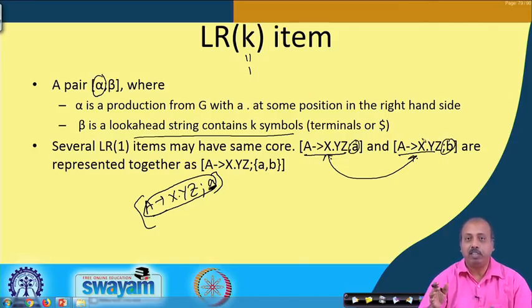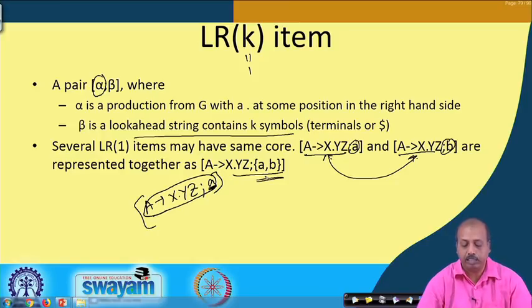Now, if I have a situation where this occurs, then many a time we will write it in a shorthand form like this: A producing x dot y z semicolon, then within braces we write all the alternative strings for which this is an item.